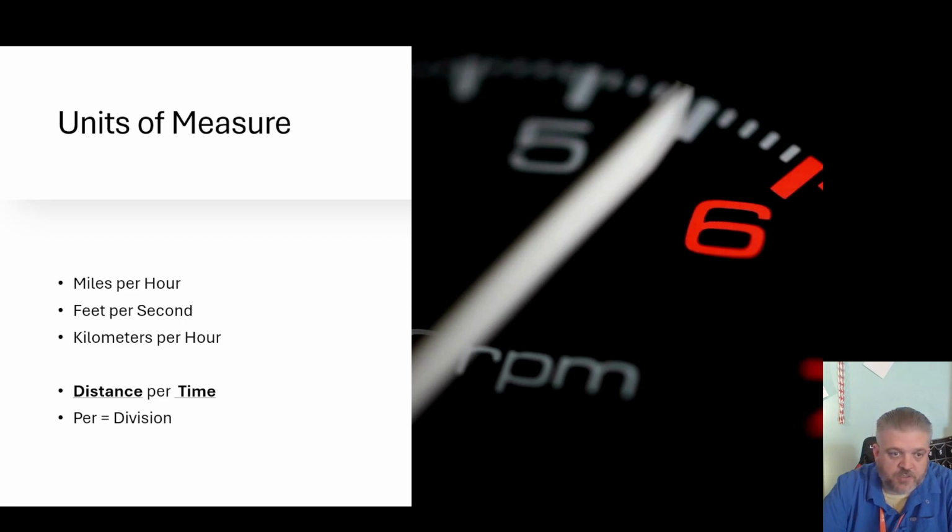If you go to a country where the metric system is used, kilometers per hour is the primary unit of measure. Either way, you'll recognize that regardless of what unit of measure, we do distance per time. And if you haven't learned this before, in math speak, anytime you hear something per something, that means you're dividing. So per equals division.